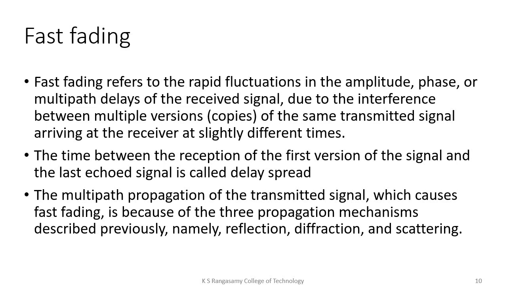So the time between the reception of the first version of the signal, maybe of the direct path, and the last echoed signal, maybe a reflected or refracted wave. So multipath propagation of the transmitted signal causes fast fading because of reflection, diffraction, and scattering. These are the propagation mechanisms.